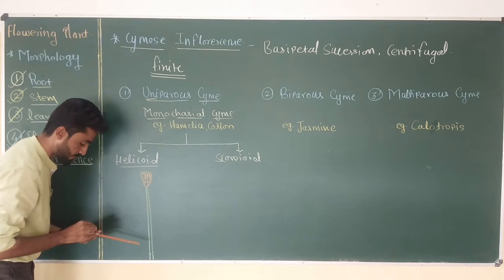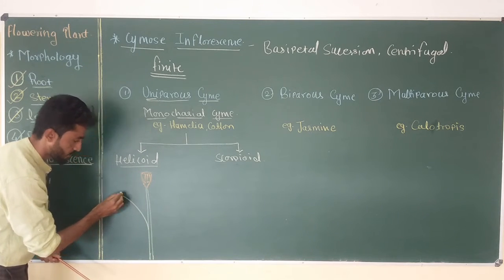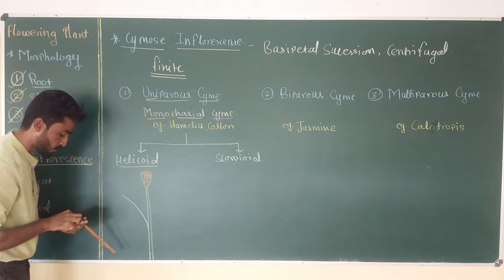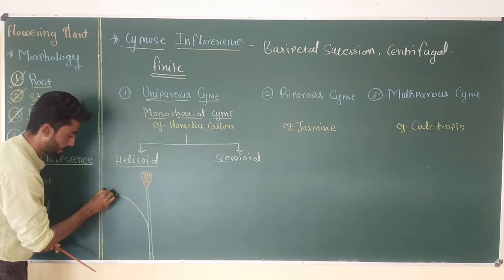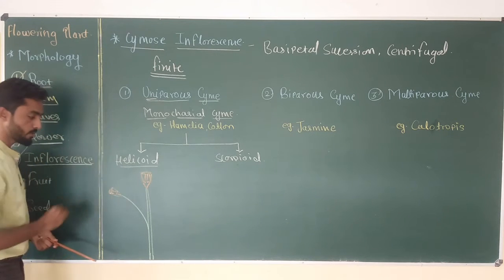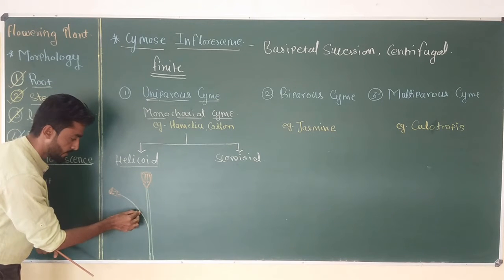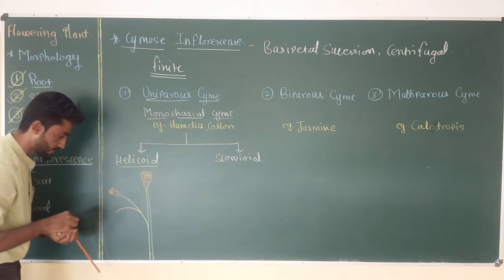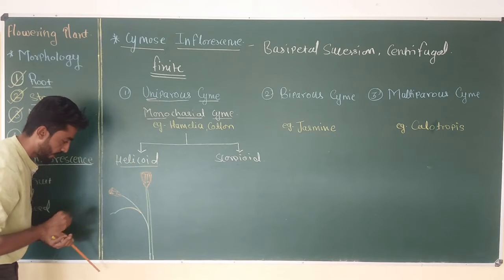Suppose the first branch is developed like this on the central axis. Now this branch will also terminate in a flower. Similarly, this secondary branch also produces a tertiary branch, and now this tertiary branch again shows a flower at the tip.